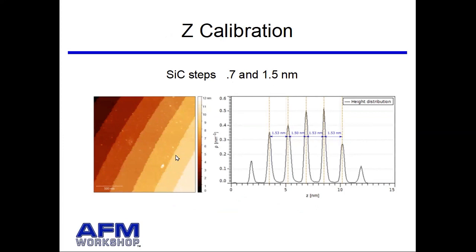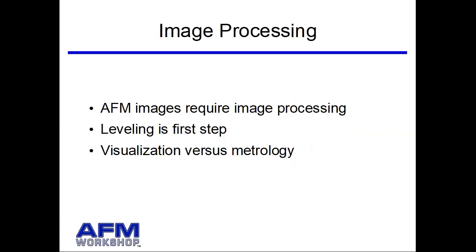This is an AFM image of one of those samples, and this is a histogram of that image, and you can see that the steps are 1.53 nanometers. So you can use this to calibrate down at the atomic scale to get very accurate Z calibrations. You can get down to 1% errors with your height measurements using these techniques.